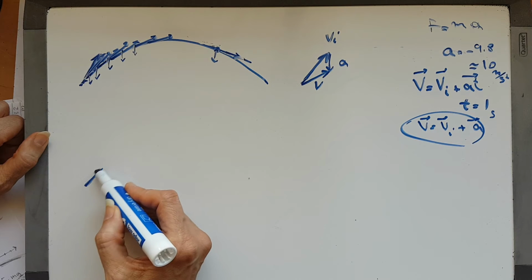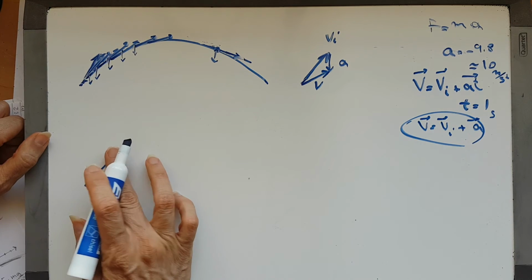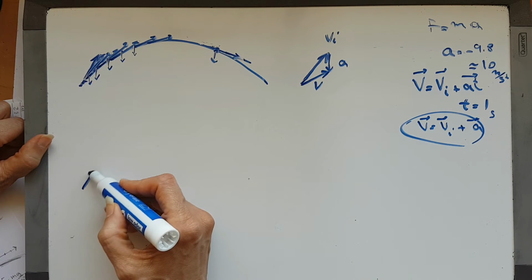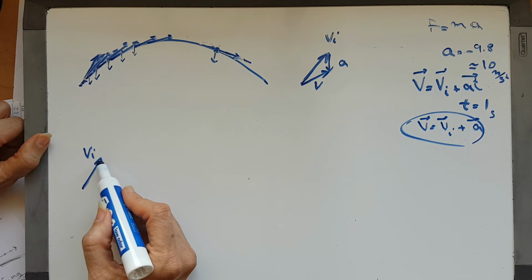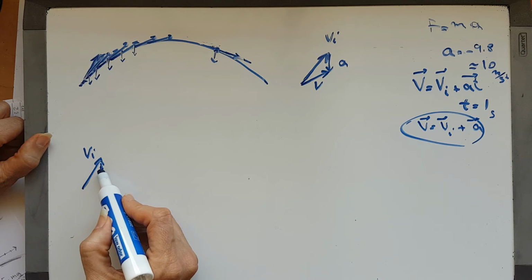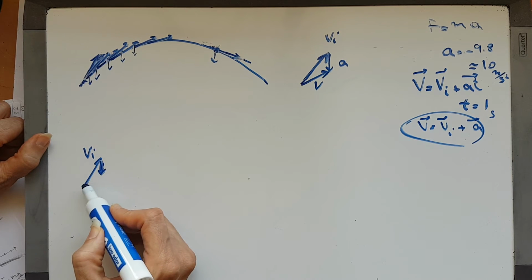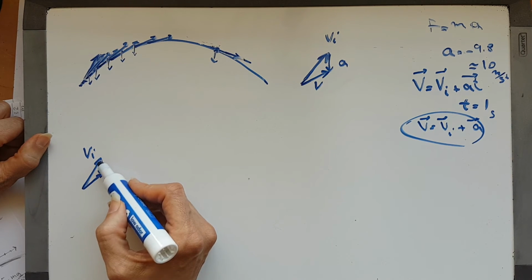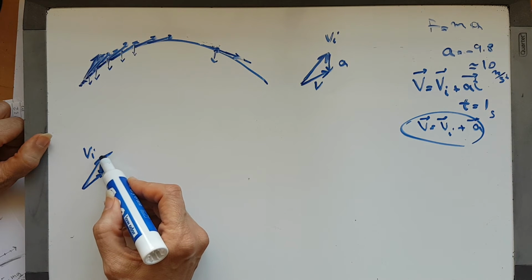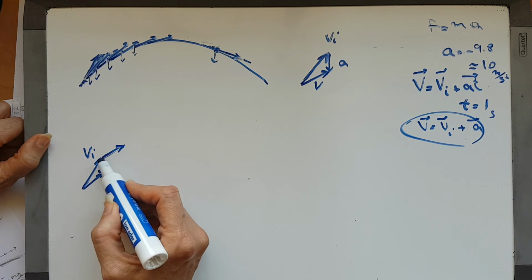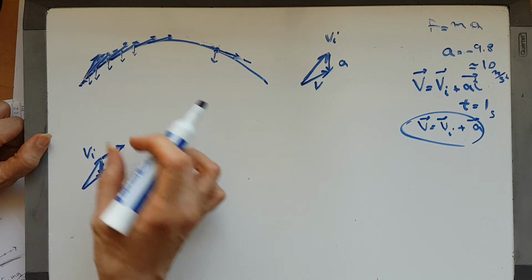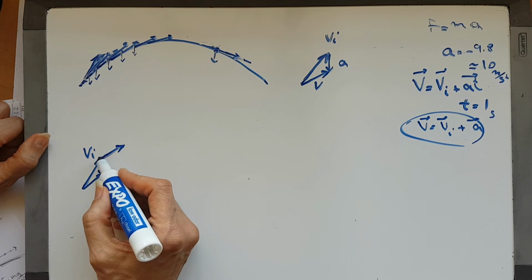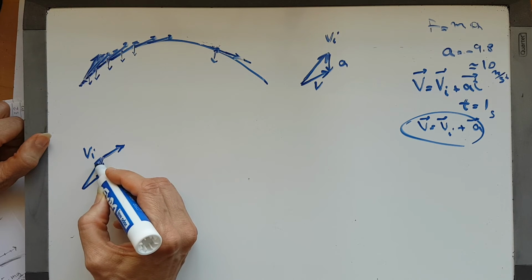Let's say this is my v initial. After 1 second, let's say this a is added to it, so this would be my other v, which I draw from here, because you know these are the same vectors. They are equivalent, and you can draw them from anywhere.